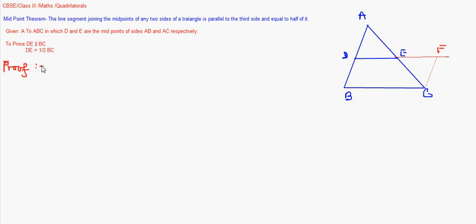We try to prove the congruency of triangle AED and triangle CEF. If we can prove the congruency, we can say that AD will be equal to CF. Let's see.